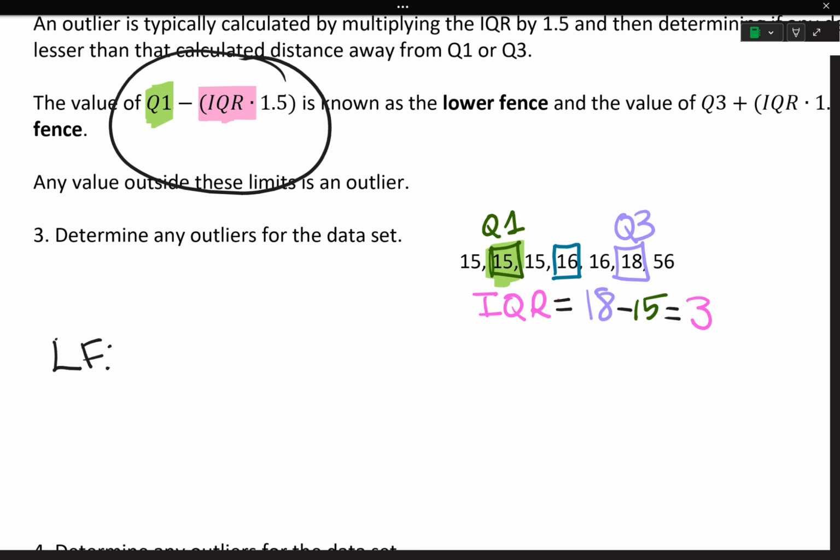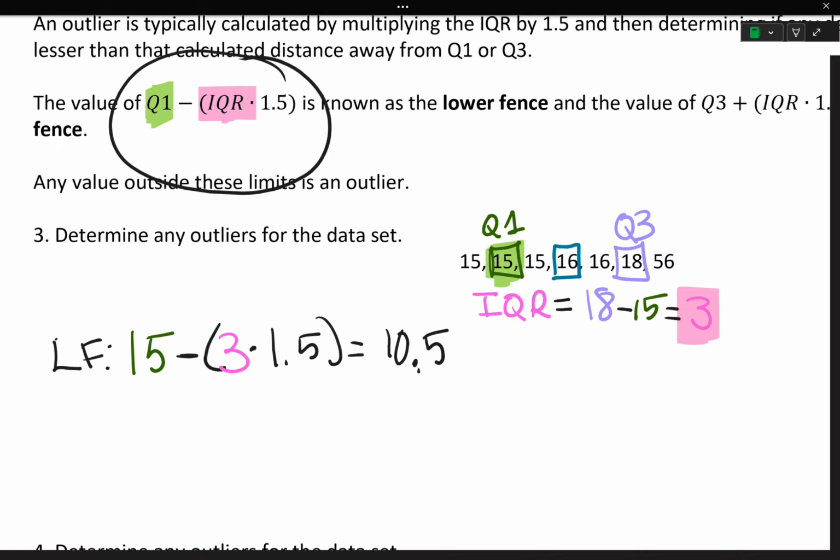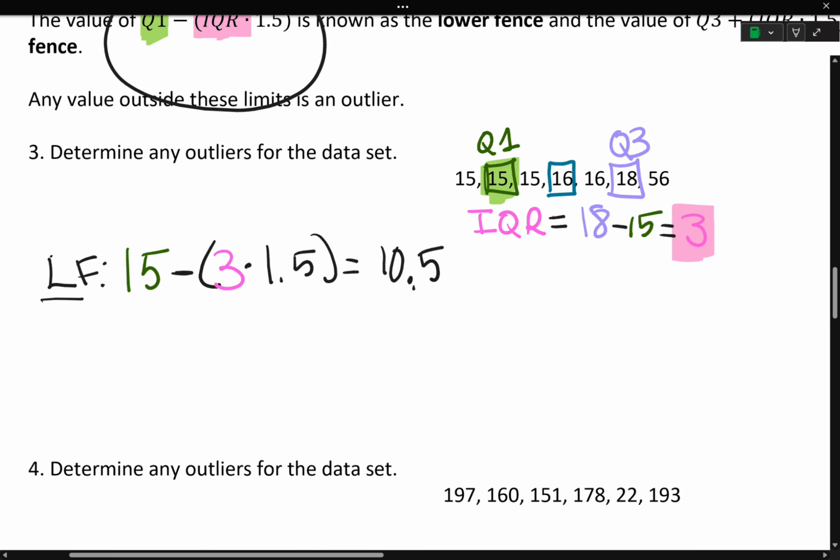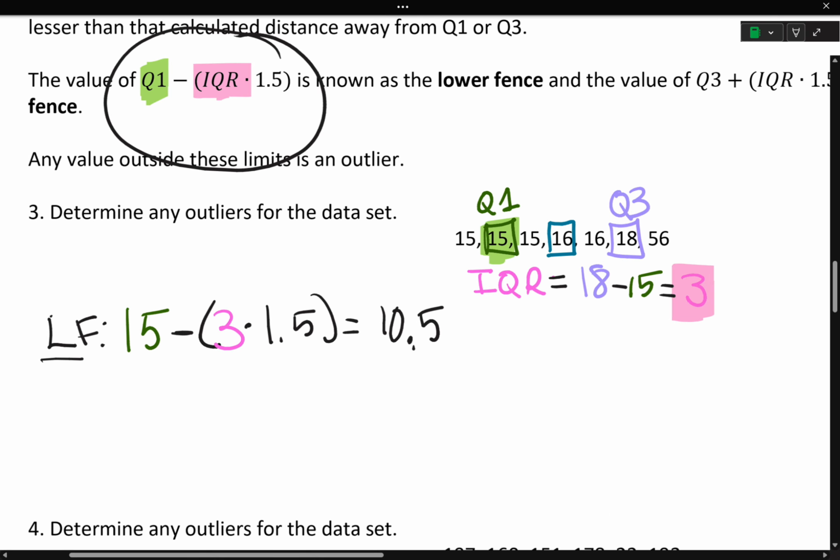So we got 15 minus my IQR, which is 3, times 1.5. When I plug that into my calculator, I get 10.5. Is there anything on our list that is smaller than 10.5? No, I do not. So there are no outliers on the lower end.